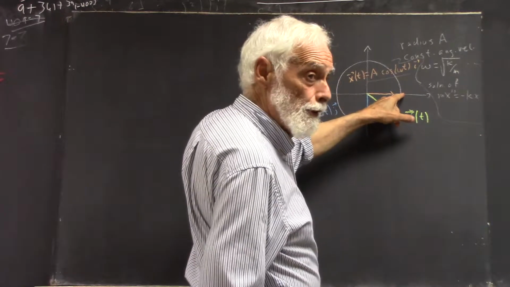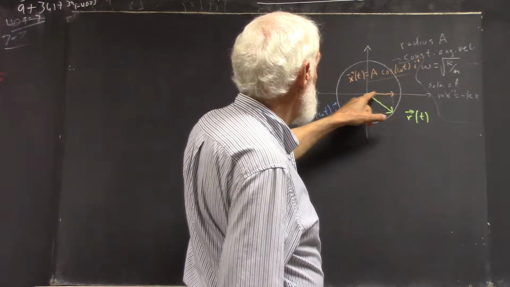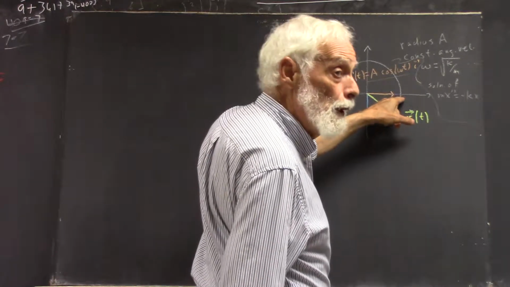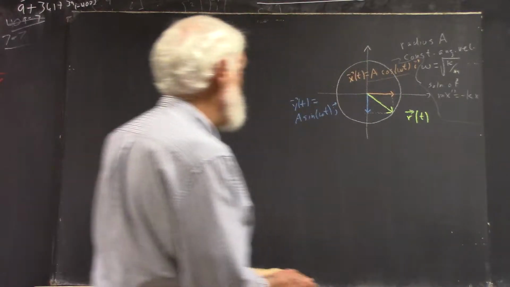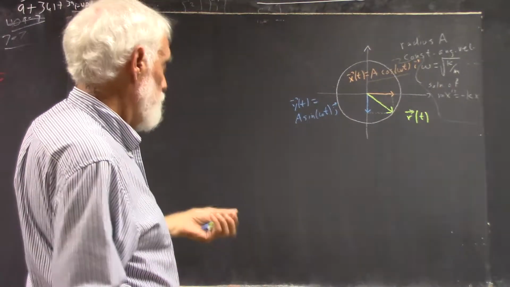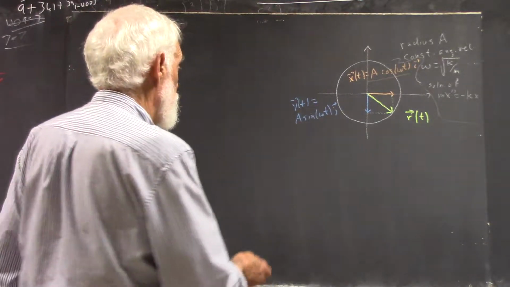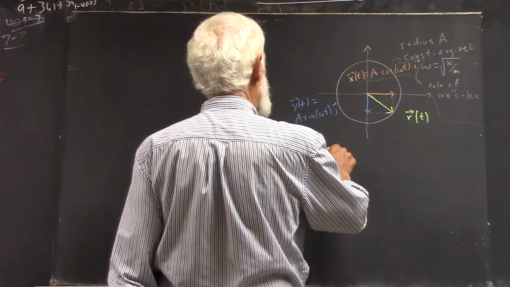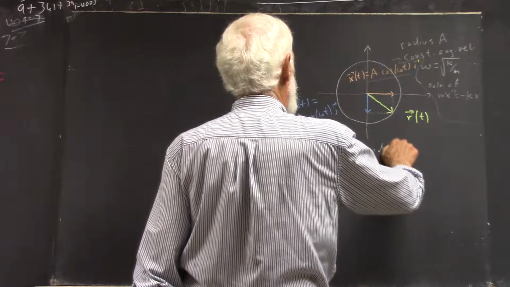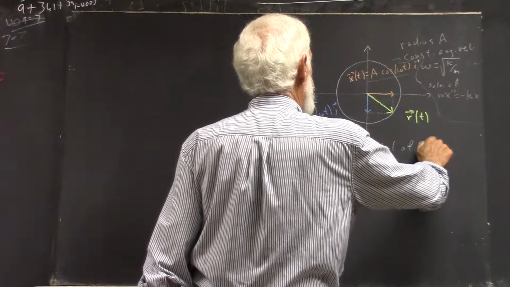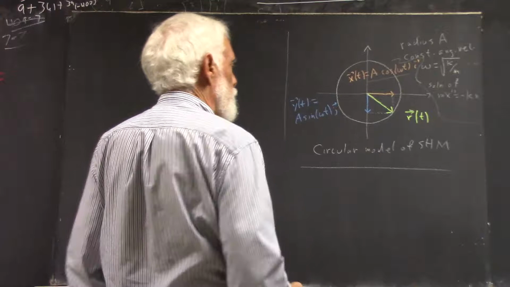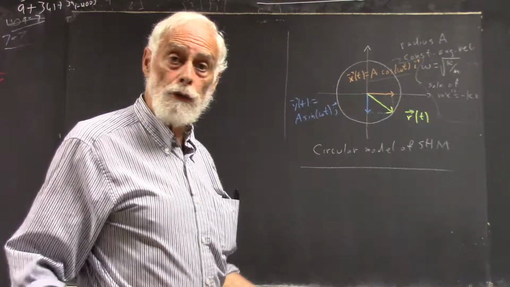Cosine starts with a positive displacement here, goes to 0, max negative displacement, back to 0, back to the maximum positive displacement A. Okay? So, big connection. We call this the circular model of simple harmonic motion. Something I want you to carry with you throughout the course.